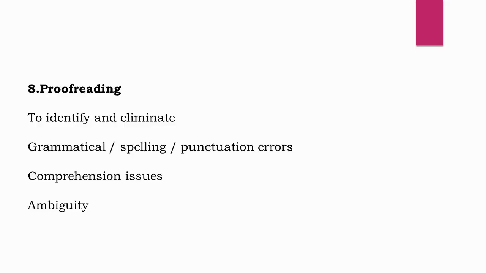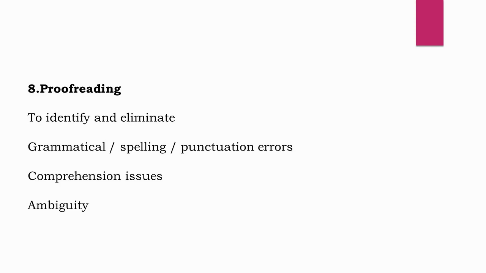No matter how good we are, there is a chance of errors in our work. So it's important that we have our work proofread by somebody, preferably somebody who is good at English. Proofreading can help us identify grammatical errors, spelling errors and punctuation errors.